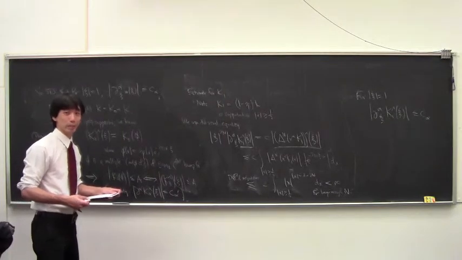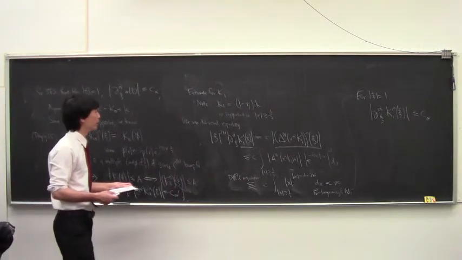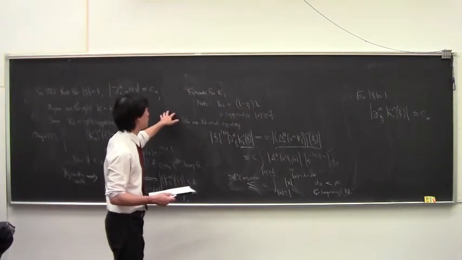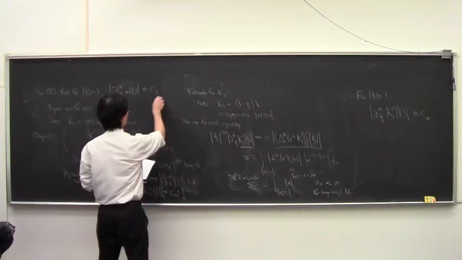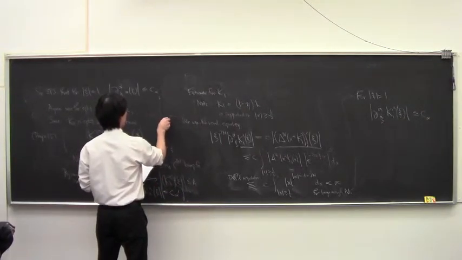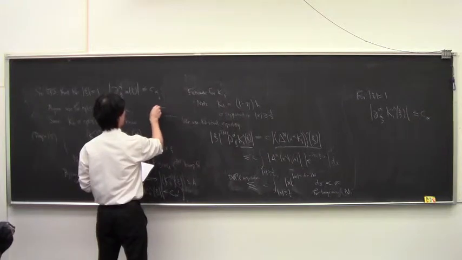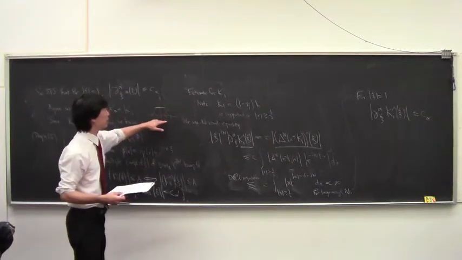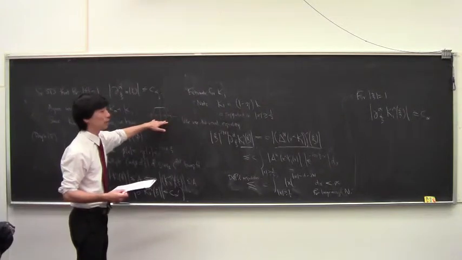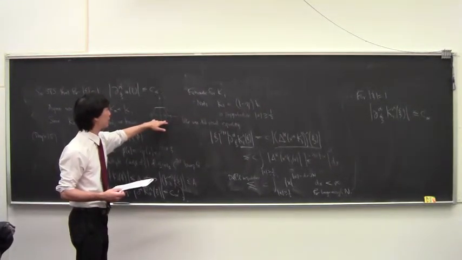I think I'm cheating you a little bit because eta is 1. So here's eta, right? And k1 is 1 minus eta times k. Right?